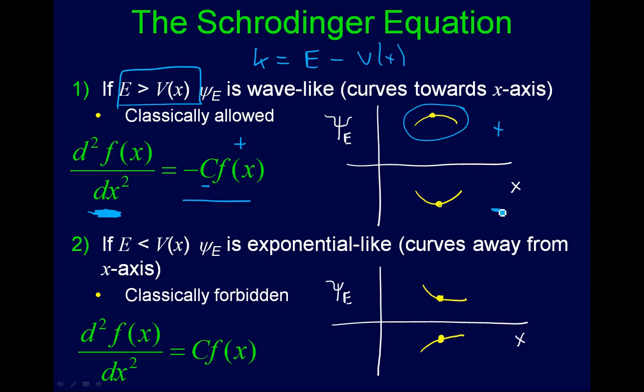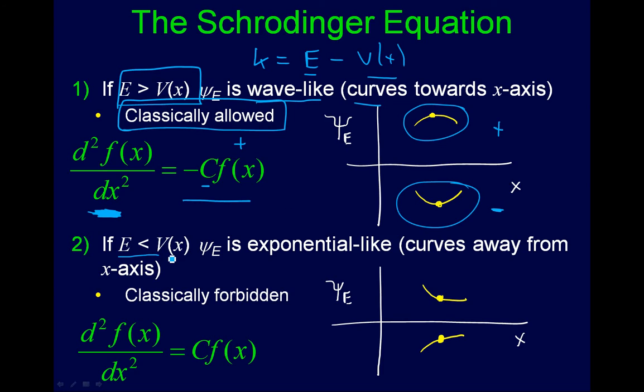If I'm on the negative side of the axis, I'll be concave up, which again gives us that idea of wave-like solutions: no matter where you are, it curves towards the x-axis. That we get just from our definition of the Schrodinger equation, and it's important to note that this is what we call the classically allowed region, right? When energy is greater than potential, I have a positive kinetic energy, that's classically allowed.